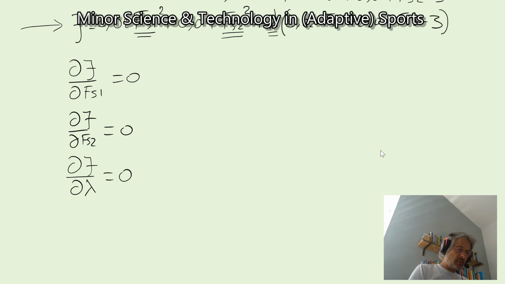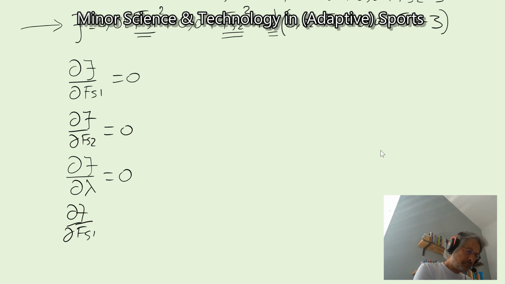So let's start with the first one, dou J dou Fs1. Okay, if you take the derivative with respect to Fs1, then Fs2 is a constant. And lambda is also a constant. Yeah, those were the rules for partial differentiation.